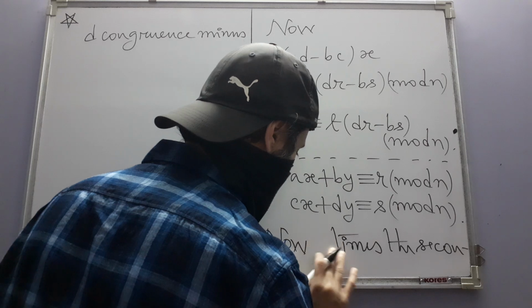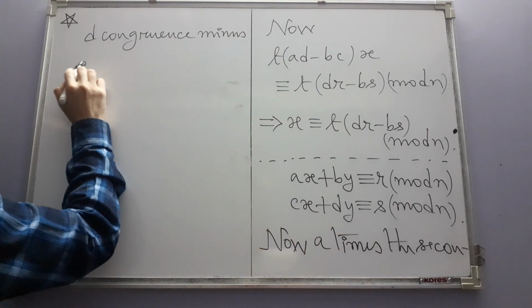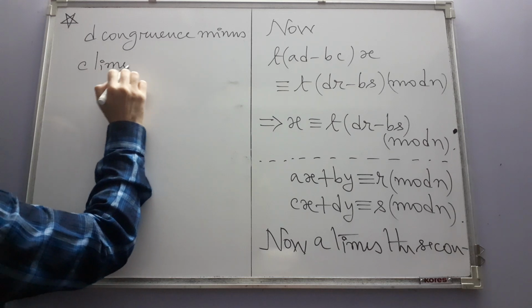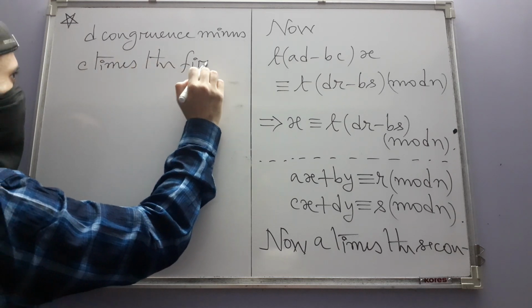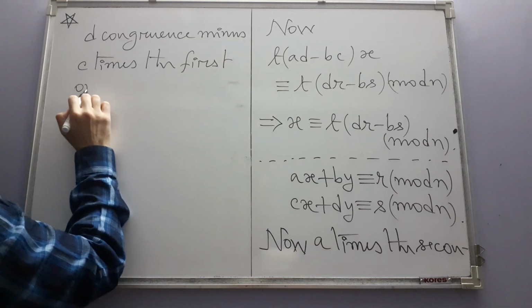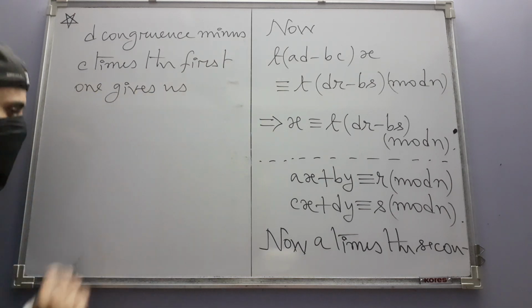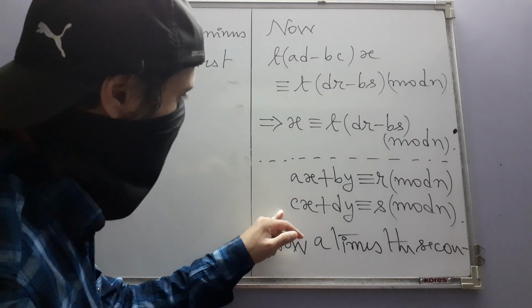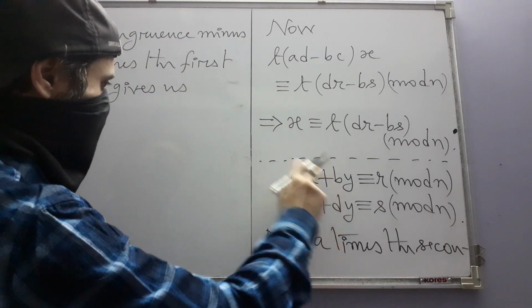Not C times the second congruence, A times the second congruence minus C times the first one gives us, because then only we will have AC minus CA, and here we will have AD minus BC.